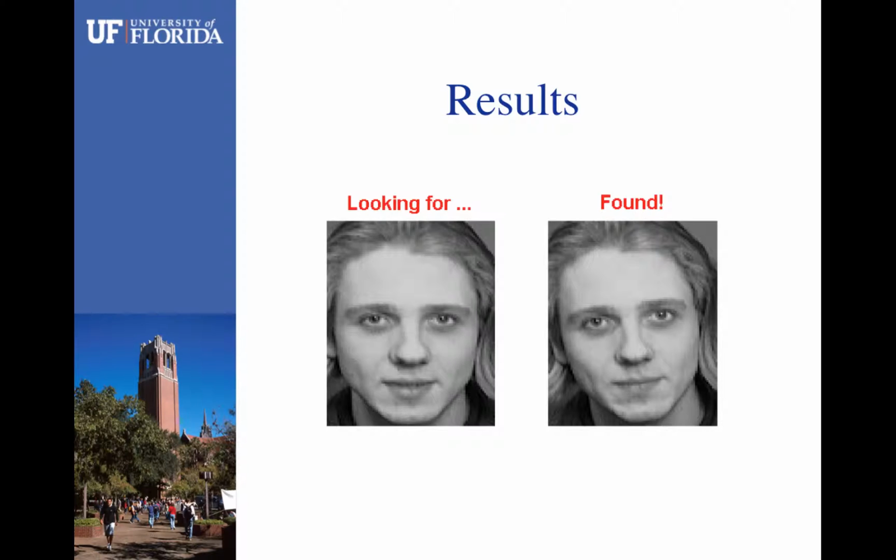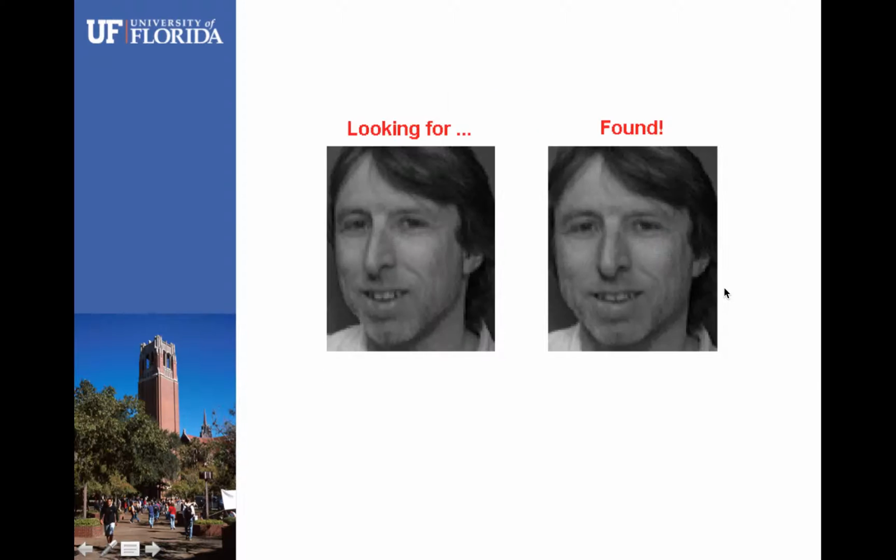Here are the results of the test. Here we can see the left side is the test image, or the given image, and the right side is the image that the system found from the database. Here we can see it's the same person.